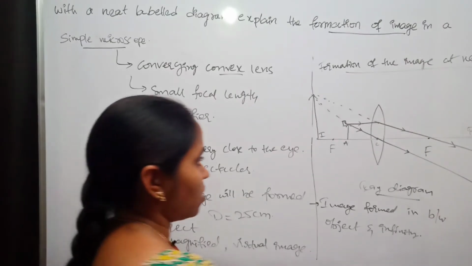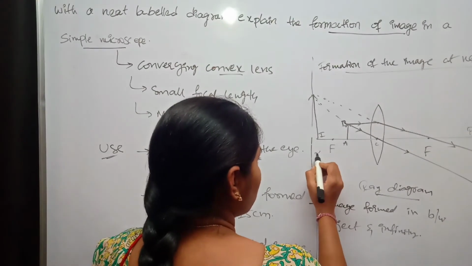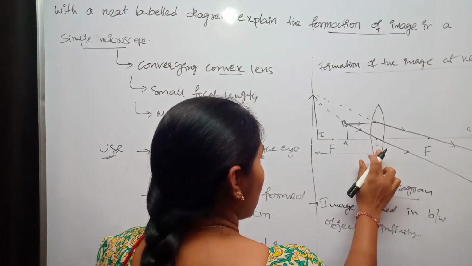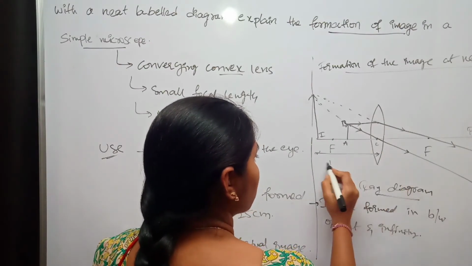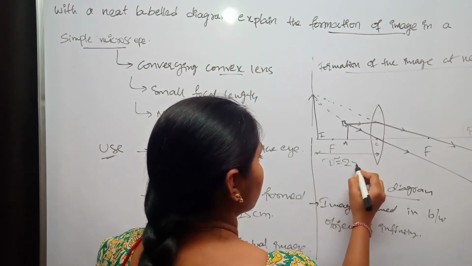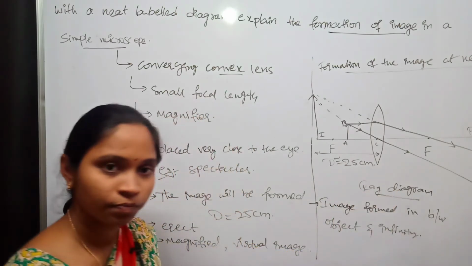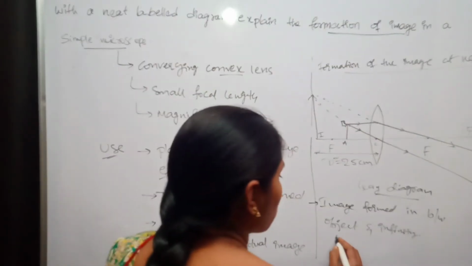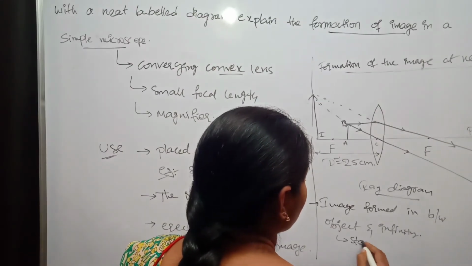The distance between the image and this optic center is approximately equal to 25 centimeters. This causes strain in our eyes.